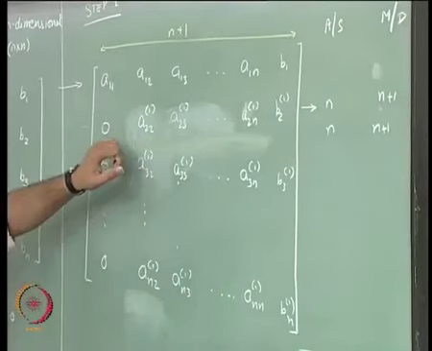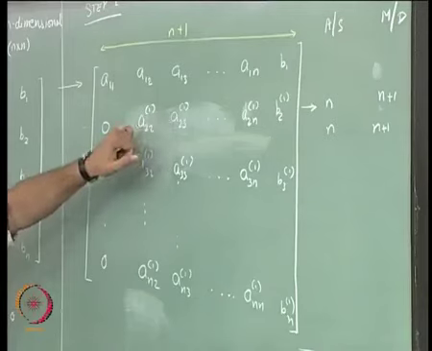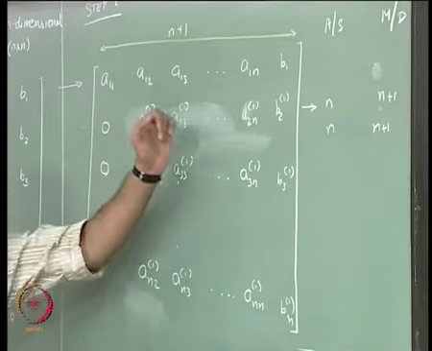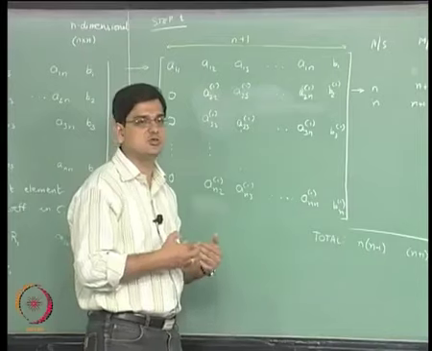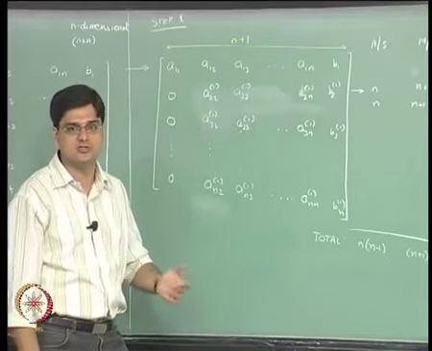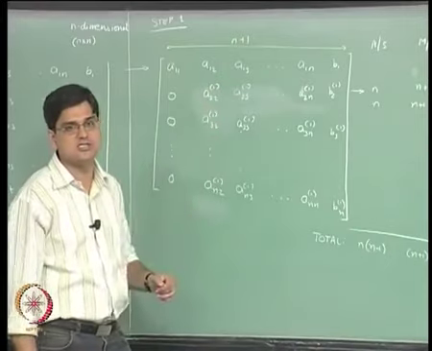As a result, as soon as this particular operation is done, the old value has already been replaced by A22 superscript 1. The superscripts I am using just so that I am able to distinguish the original values from the newly computed values, for no other reason.